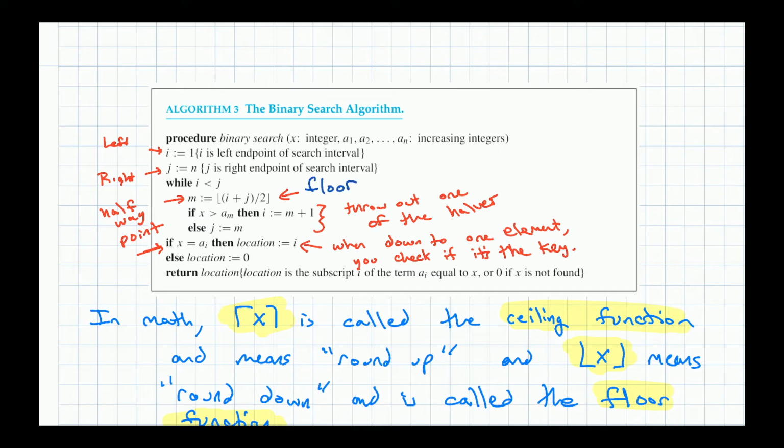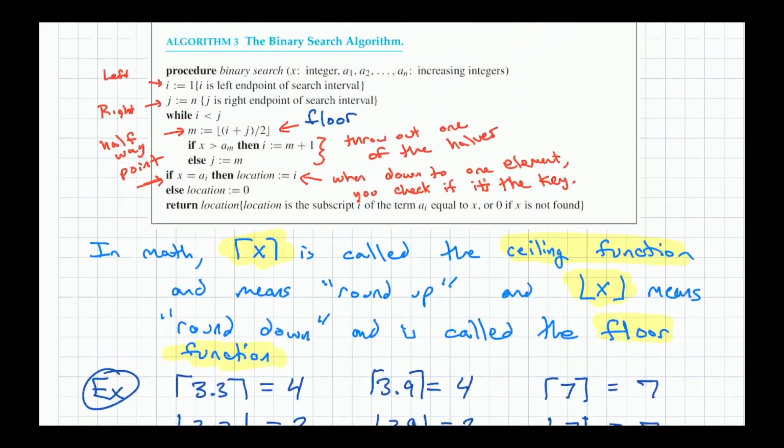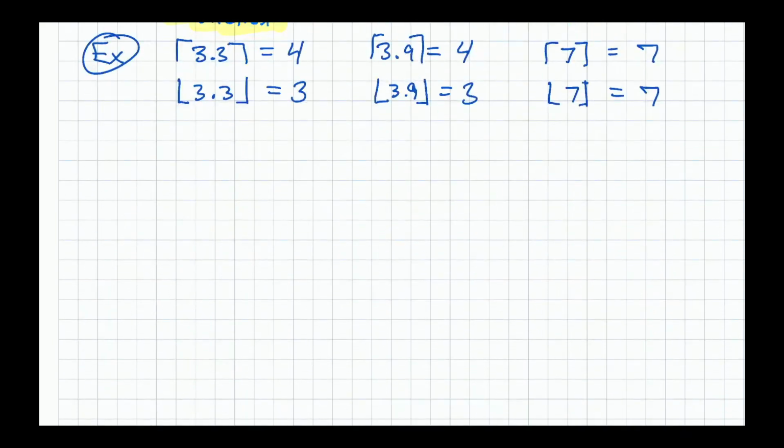Now, why do you need it? Because what you're doing is you're calculating the index of the halfway point. But what happens is, suppose you have a list with 15 elements, right? If you have a list with 15 elements, then in the binary search, you have to divide it.